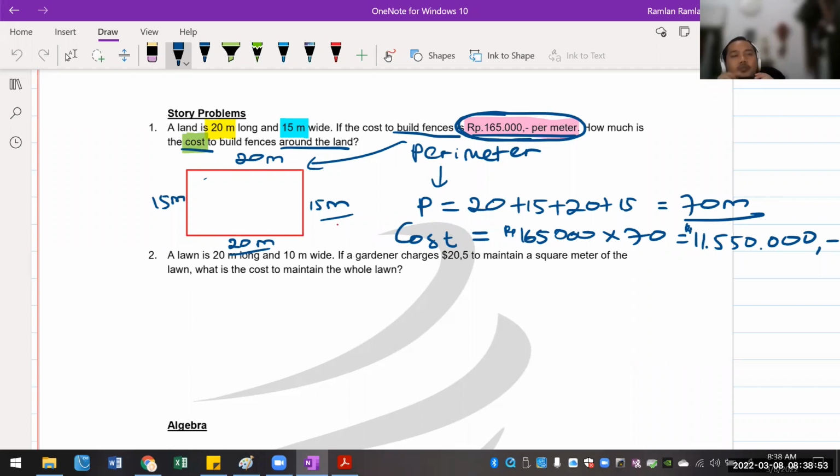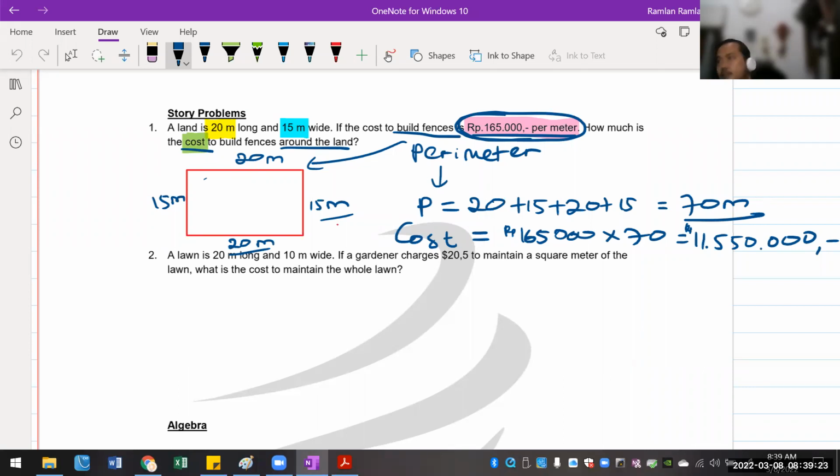So we find the perimeter first because we're going to find the total length of the fences, and then multiply that by 165,000 because that is for 1 meter. For 70 meter you only need to multiply, and then you get the answer. Okay, any question before I go to number 2?